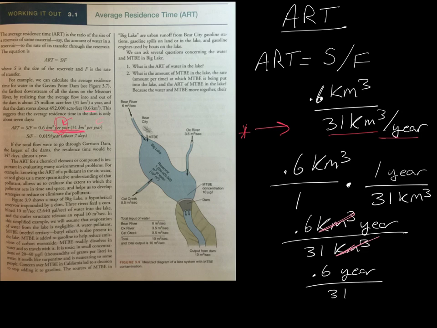Maybe it's a different type of notation I'm not familiar with. In any case, if you take 0.6 and divide it by 31, you're going to get, rounded, 0.19 years.